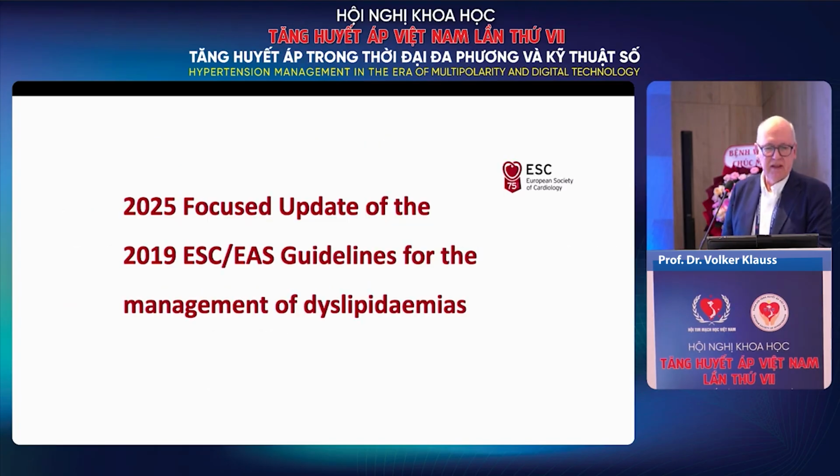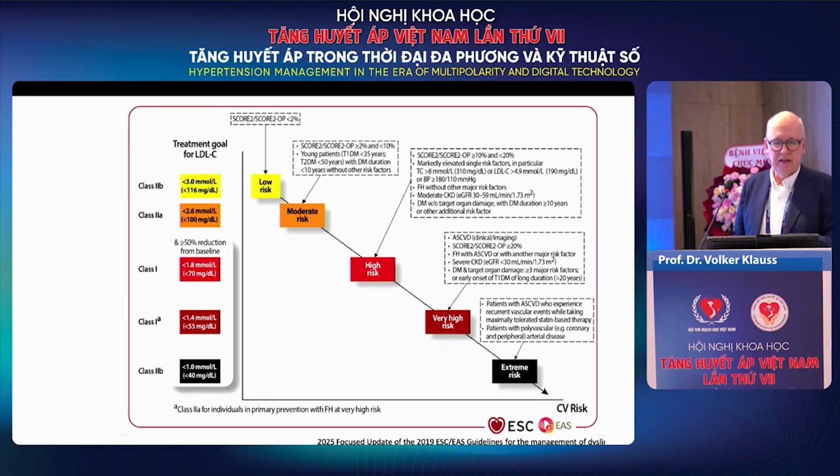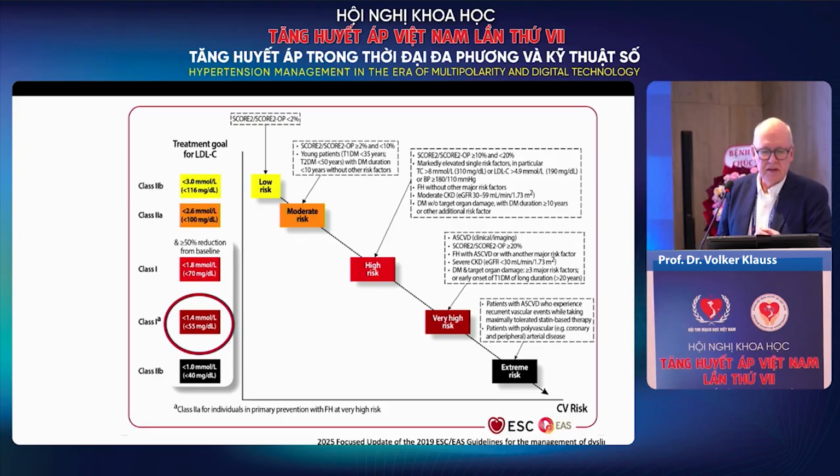Thank you. We had now the focused update of the guidelines from 2019 presented at the ESC. And what is still the same is the classification for the LDL cholesterol, the target below 55 in a patient with a very high risk.